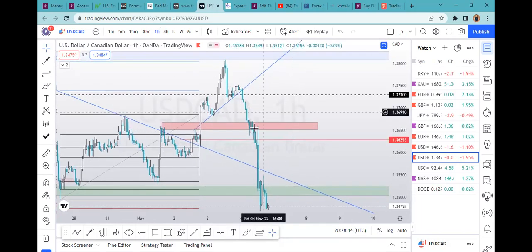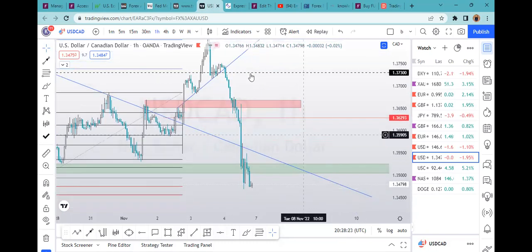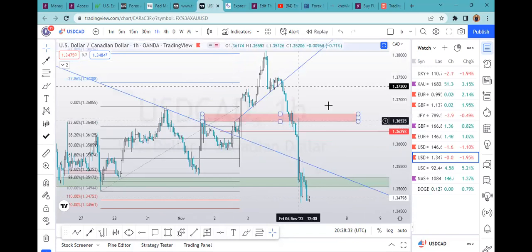I was thinking, if we respect it upwards, then it would be an indication that this is a buy. But instead we broke downwards, we tested that zone and kept pushing down, which aligned with the news.